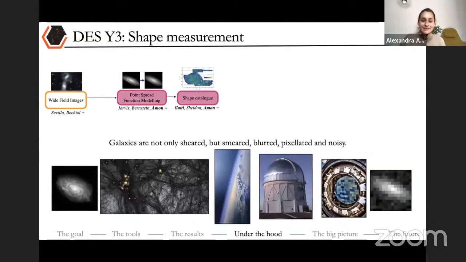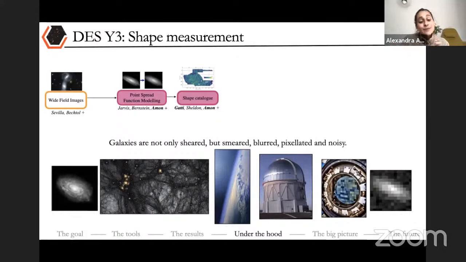So measuring the shapes of galaxies is a lot more difficult than it sounded at the start of my PhD. The galaxies that we're dealing with aren't quite these picturesque spirals like on the left, but the fuzzy blurry ones on the right. And that's because that pretty picture of a galaxy passes through the large scale structure and acquires that desired cosmic shear signal, which is about a 1% effect.